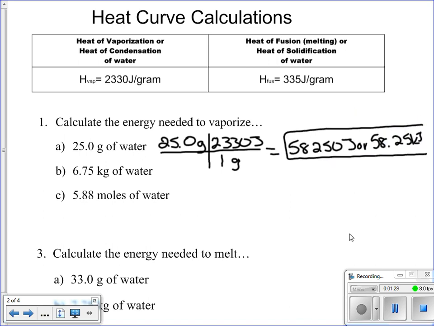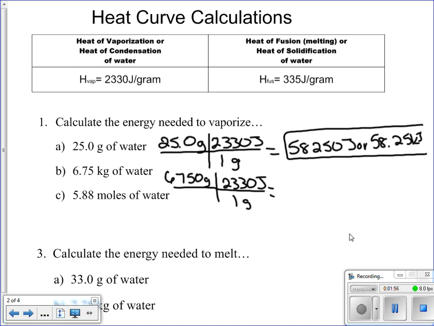The next one, 6.75 kilograms of water. So the first thing we have to do is change kilograms to grams. We do that by moving our decimal 3 places to the left. So we end up with 6,750 grams. We use our same value here, 2,330 joules per 1 gram.